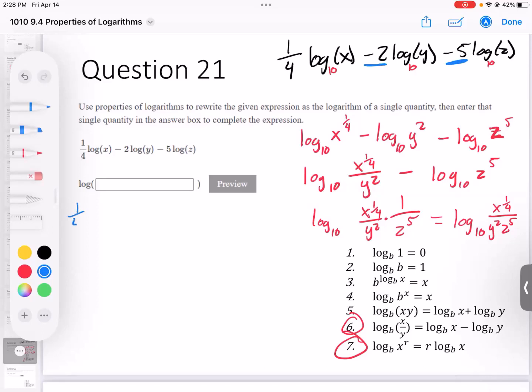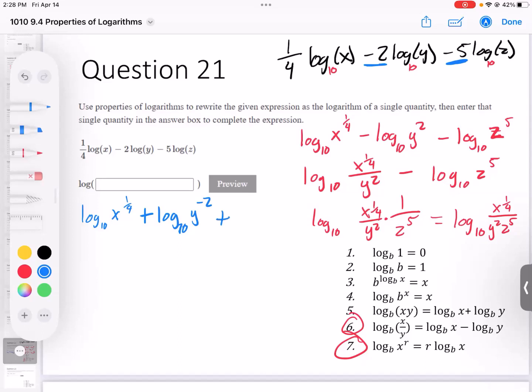So the 1/4 would still be the same. You'd write this as log base 10 of x to the 1/4. And then at this step, I'm going to take -2 as my coefficient. I'm going to add log base 10 of y to the -2. Everybody good with how this is different from this one, but it means the same thing?